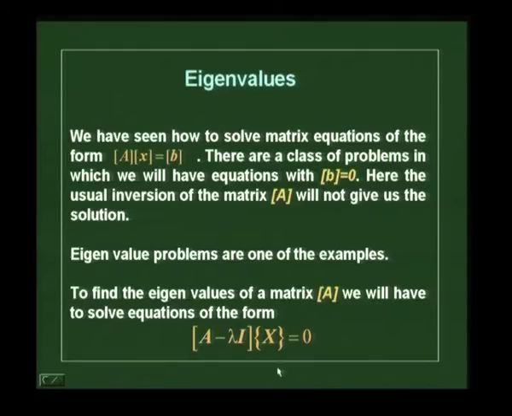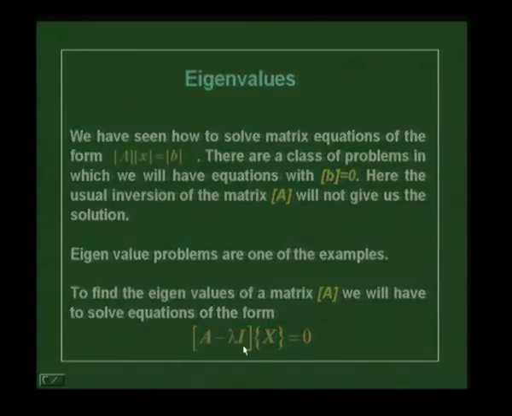That would not work here because the right hand side is 0, but when the inverse itself does not exist, that is when the determinant is 0, we can still find a set of solutions for x which are non-trivial. That is what we want to find out.